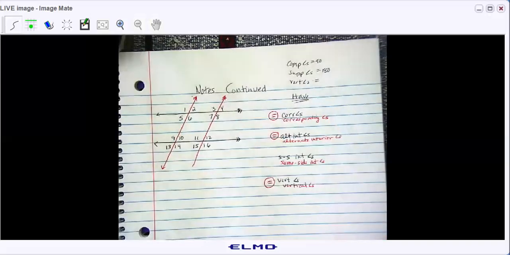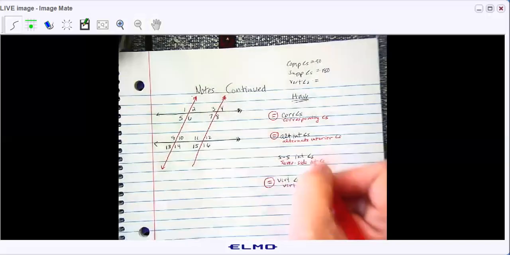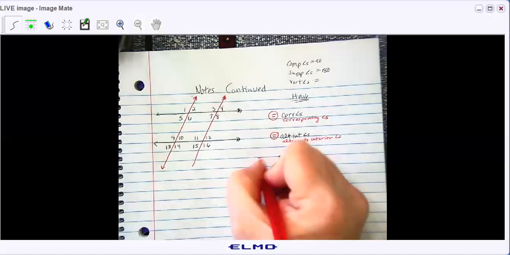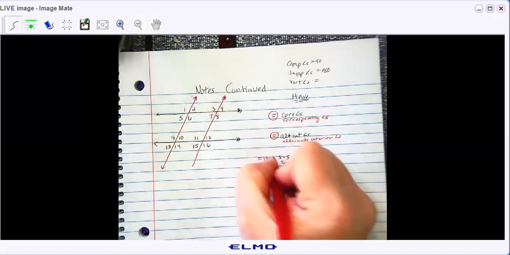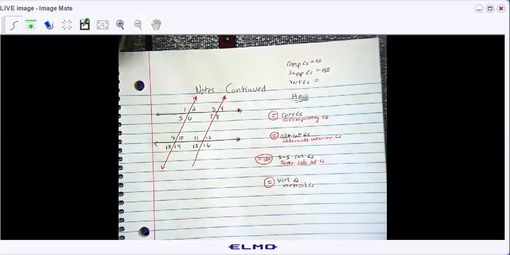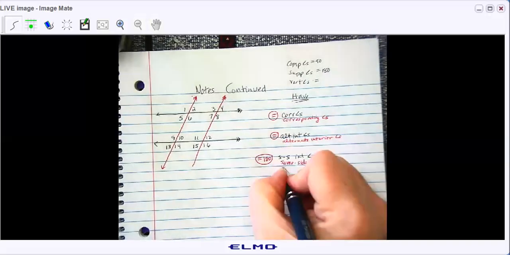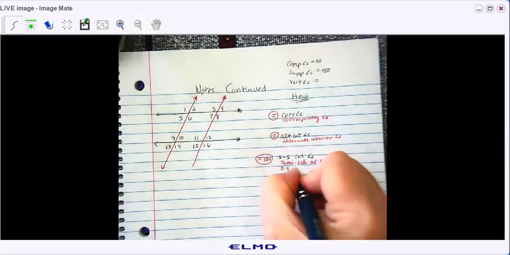Wow, 3 out of 4 so far. But the same side interior angles are actually equal to 180. We're going to find that they're supplementary. So same side supplementary, all the S's.